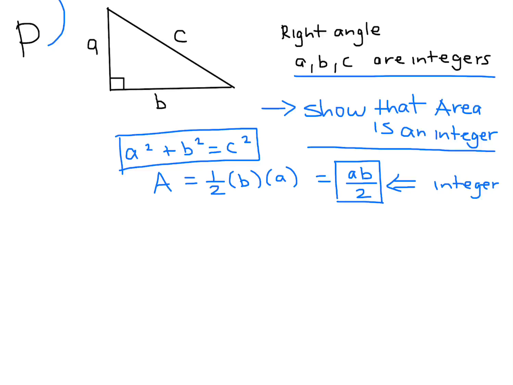So the way to approach this is by looking at odd and even. We have to see, is a odd, is b odd, is a even, is b even, like that. Okay? So the first thing I'm going to do is let a and b, both of them, be odd.